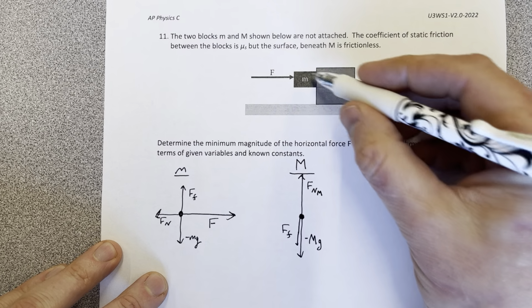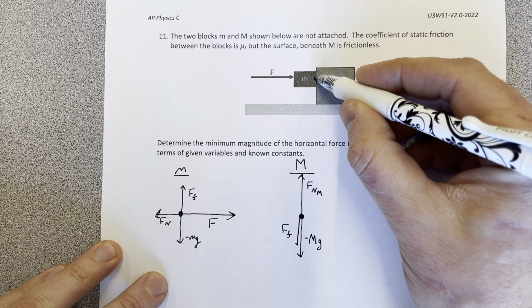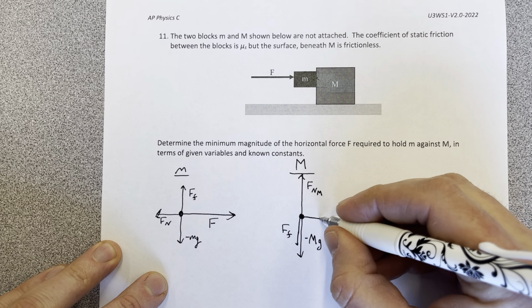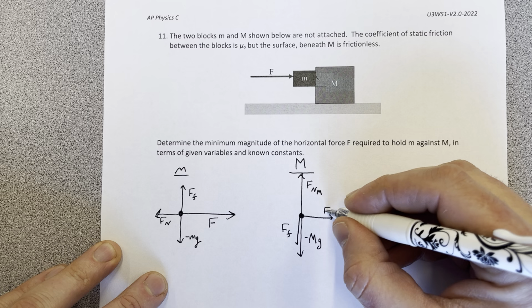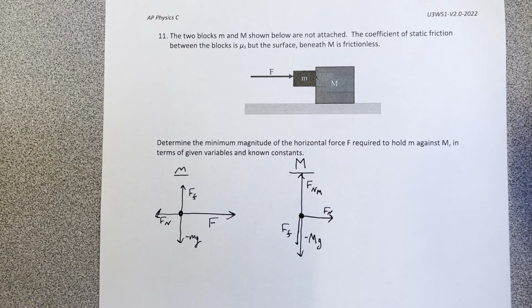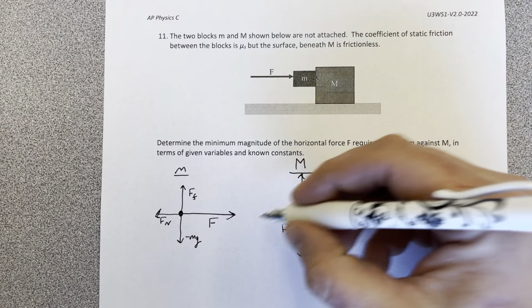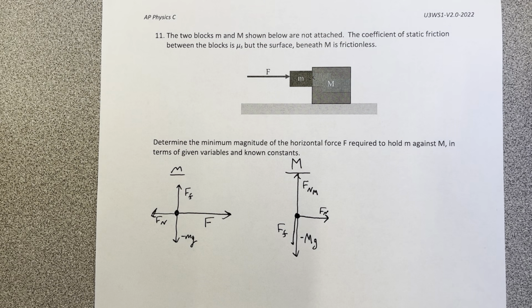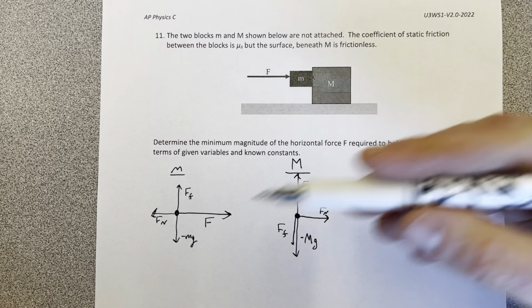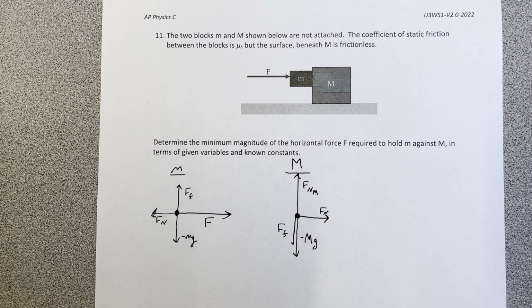And then the normal force, contact force here, is what is propelling big M forward. So I'm just going to say Fn. M doesn't have any forces going to the left. There's nothing resisting its motion in terms of force. Its mass resists changes in motion, but there's no force going back to the left here.